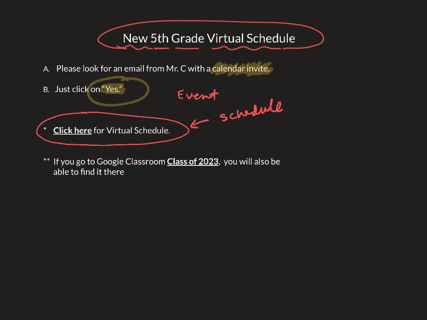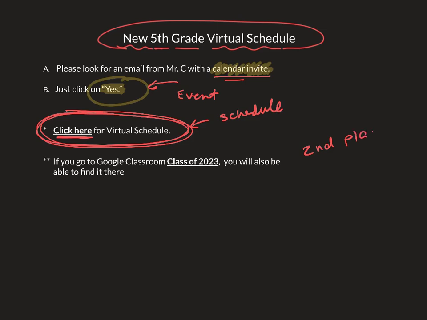Okay? There are a lot of words here, but it's not rocket science. Just go to your email, find the Mr. C calendar invite, click yes, and then you'll be able to find it Monday through Friday in your calendar. When you open it up, it's going to say click here. That's where your virtual schedule will live, but it will also live in a second place.